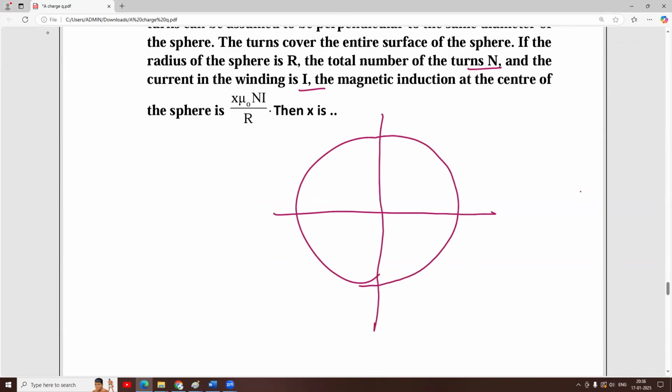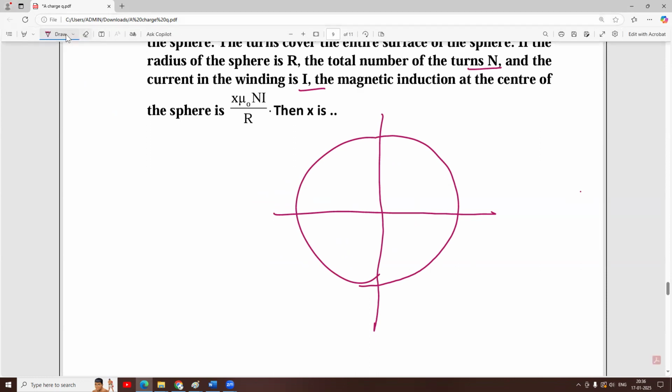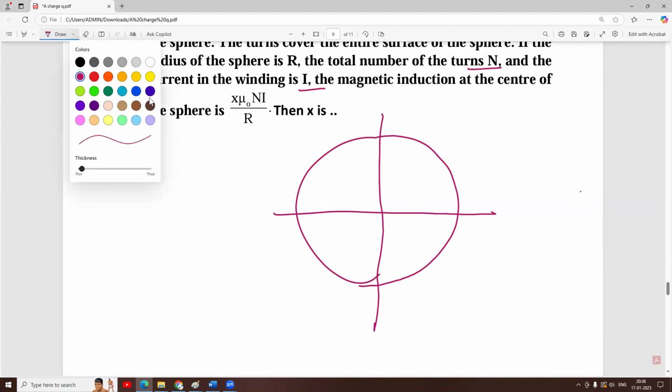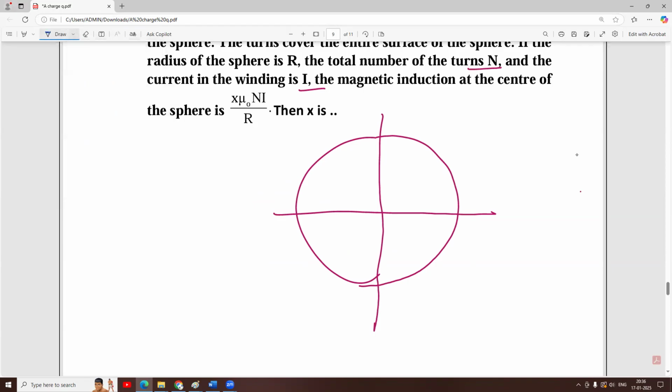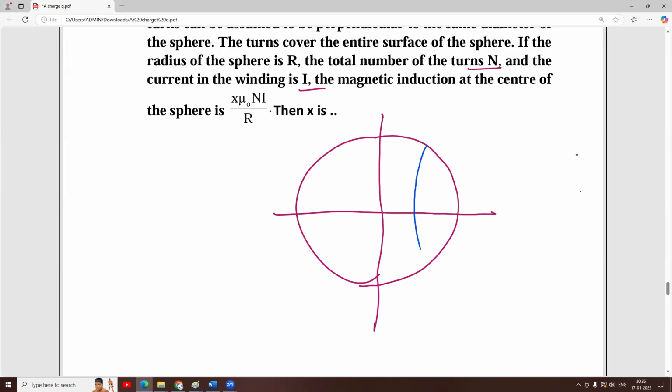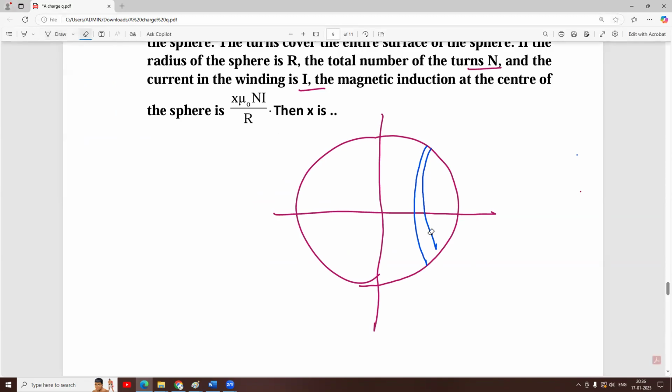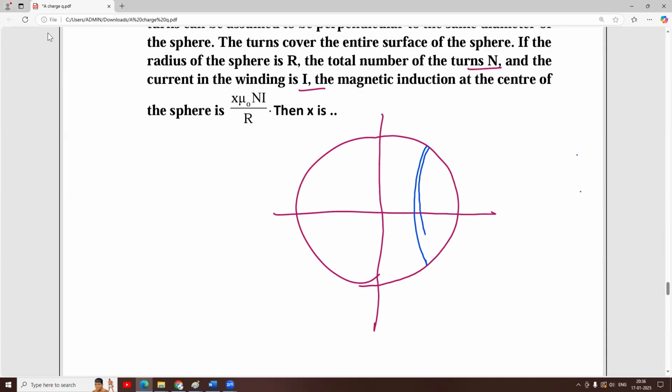Here I'll take a sample. I'll take a sample wire here. I'll cut it here and then take a sample, because when I cut the whole sphere, I'll get some turns of the wire like this.